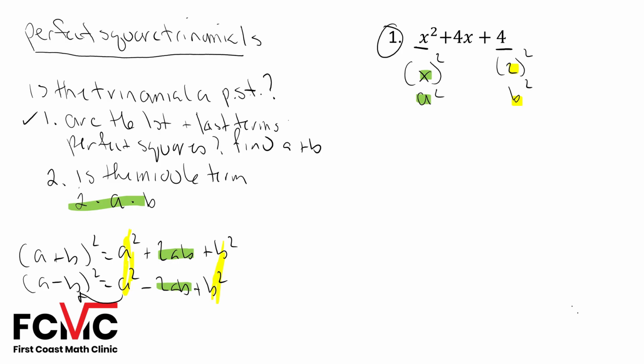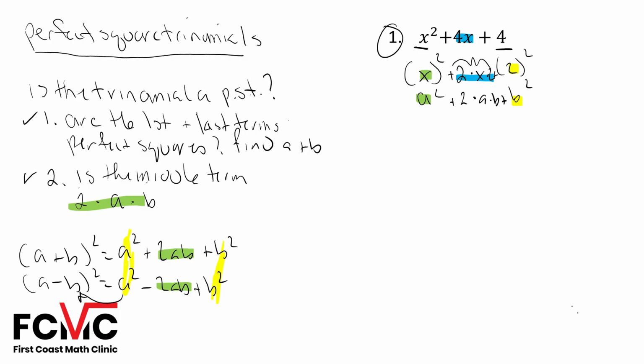Now let's look at the middle term and see, is the middle term 2 times a times b? So that middle term has to be 2 times a times b. So if we write out what our middle term would be, 2 times a, which is x, times b, which is 2. Well, 2 times x times 2 is going to give us 4x. So 2 times x times 2 gives us 4x. That second property checks.